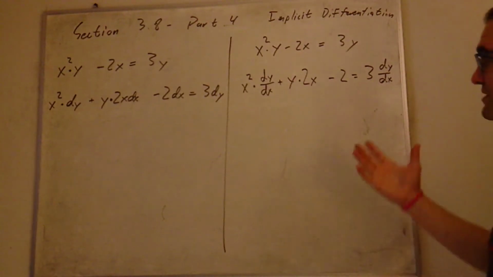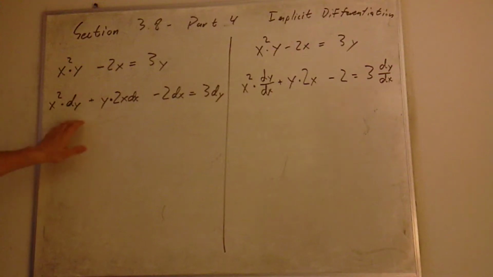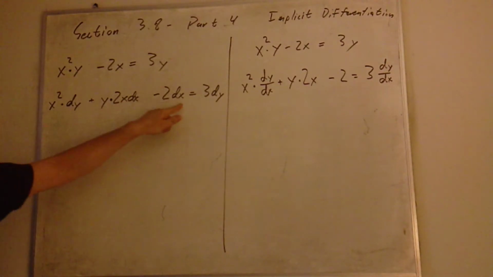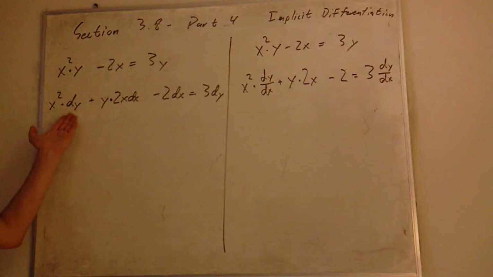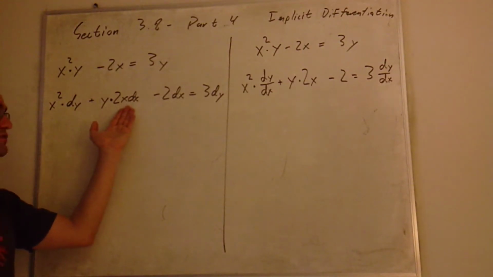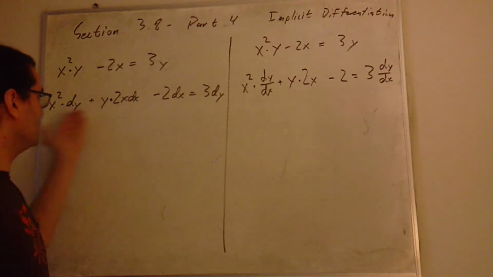So the basic difference here is, in my technique, I attach a single d to every single piece every time I take a derivative. Here I took the derivative of y, so I attach a dy. Here I took the derivative of an x, so I attach a dx. This is just what the chain rule has us do.